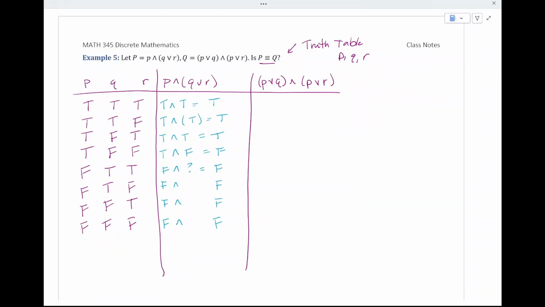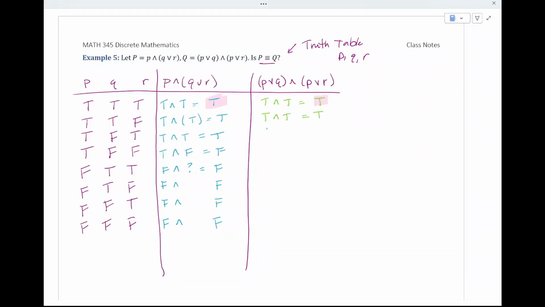Let's look at the next one. P or Q is true, and P or R is also true. True, true. So far we're looking good. I'm looking at this true compared with that true. So far, thumbs up. P or Q is true, and P or R is true.